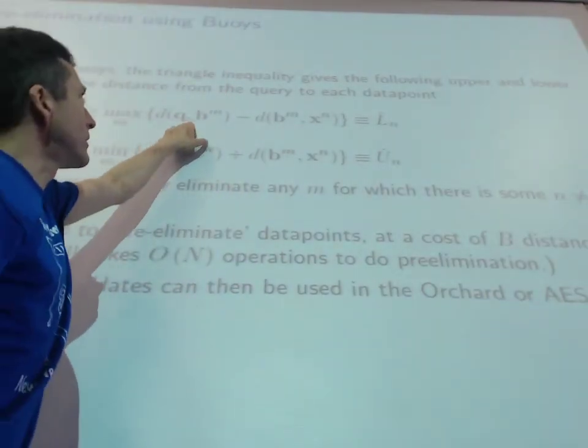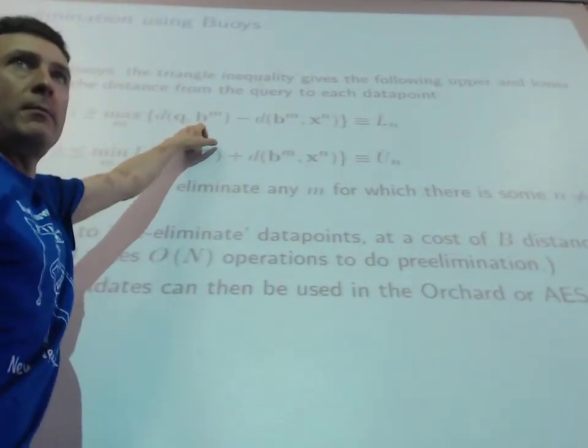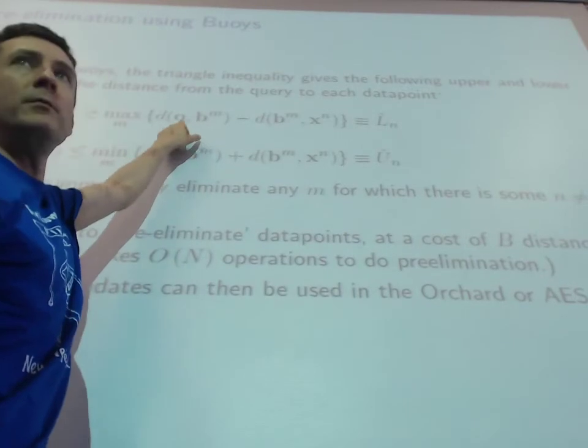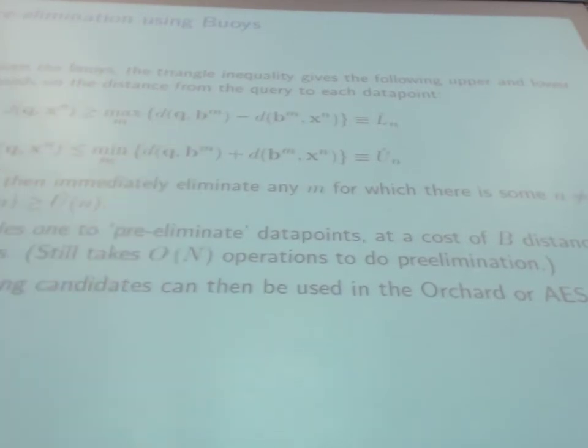For our query, we'll have to calculate capital B distances from the query to each of the buoys. So rather than computing the distance from the query to every data point xi, we're just computing the distance from the query to every one of this small number of buoys. So we're doing B distance calculations to start with.